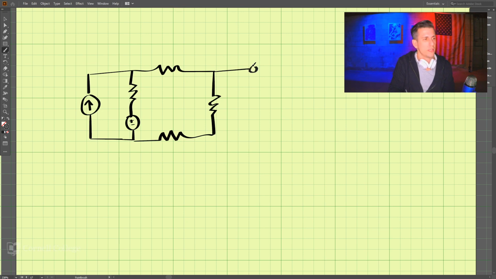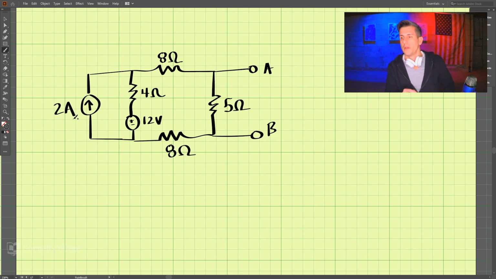We're looking for the Norton equivalent between A and B. Let's label these resistors. We have 8 ohms, 8 ohms, and 5 ohms. We have 8 ohms down here and 4 ohms over here. That is 12 volts, and this current source is 2 amps.